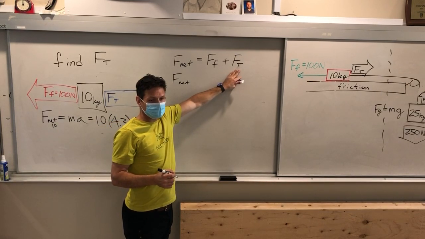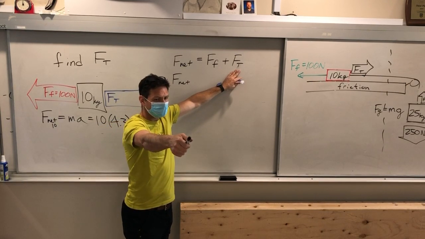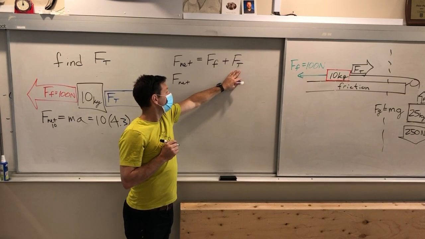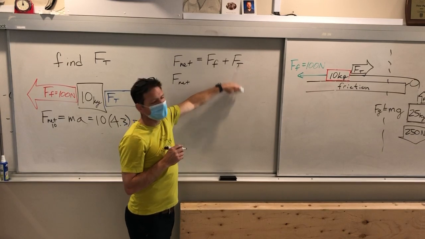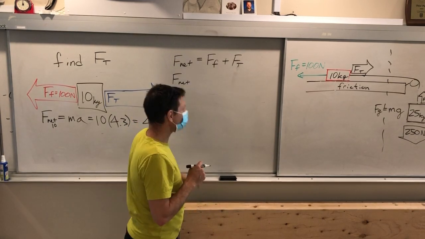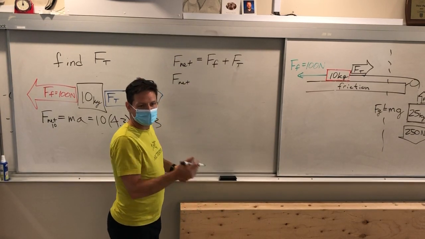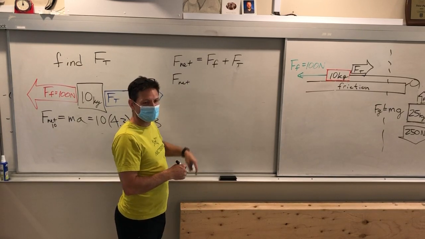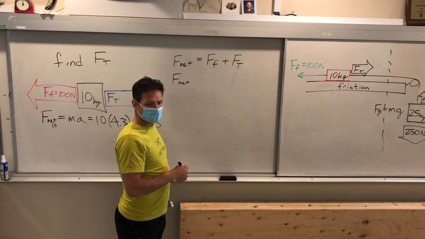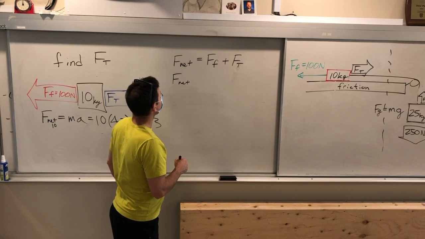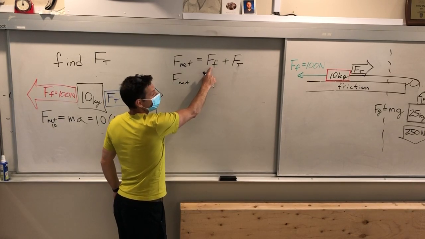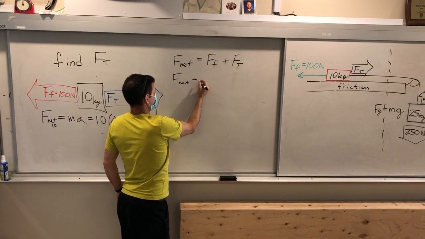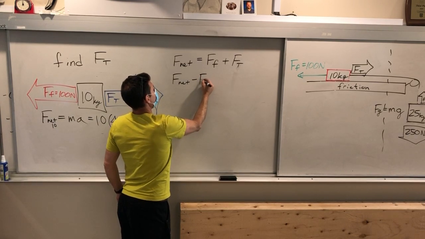How do I solve for FT? Plug in F net and force of friction, and then you solve that. Well, I guess you could put the numbers in, but how would I solve for it formula-wise first? F net minus force of friction. Good.